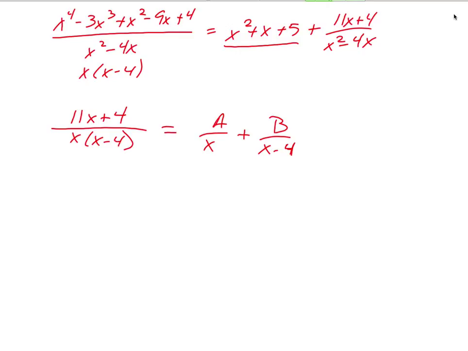Multiply, so I get 11x plus 4 on the left. On the right side, a times x is ax. A times negative 4 is negative 4a. B times x is bx. Now what? Put the x's next to each other.